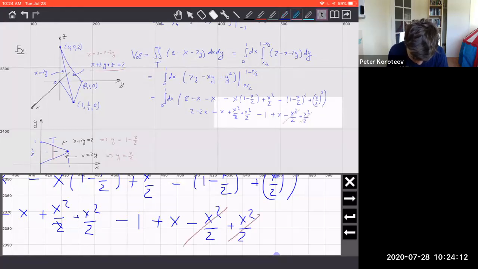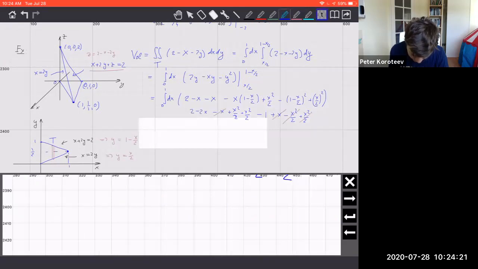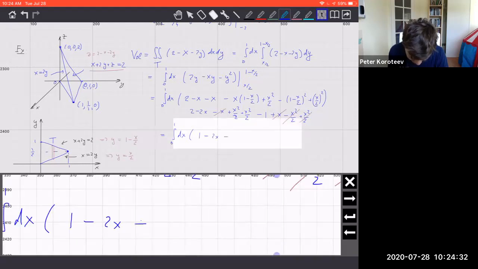This goes away. This goes away. So it looks like I have 1 minus 2x. I have a nice formula, plus x squared.